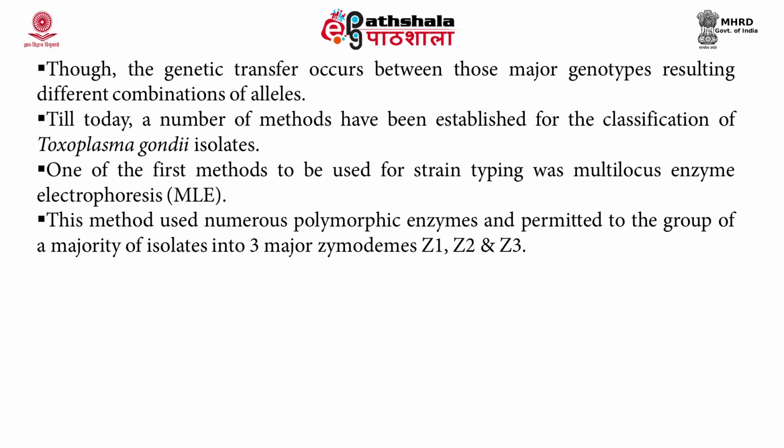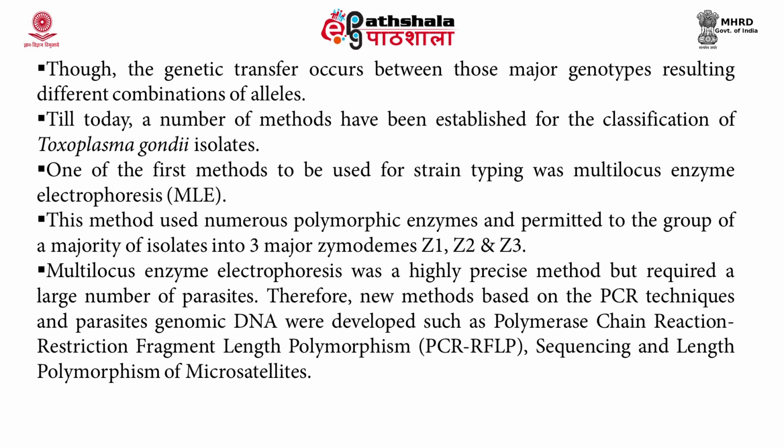This method used numerous polymorphic enzymes and allowed the grouping of a majority of isolates into three major zymodemes: Z1, Z2 and Z3. Multi-locus enzyme electrophoresis was a highly precise method but required a large number of parasites.